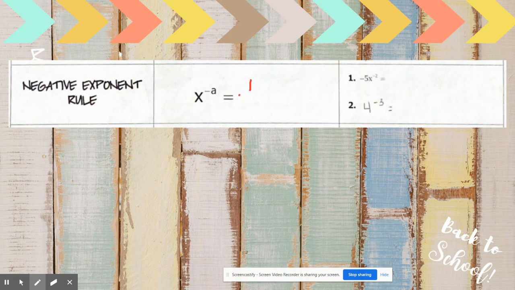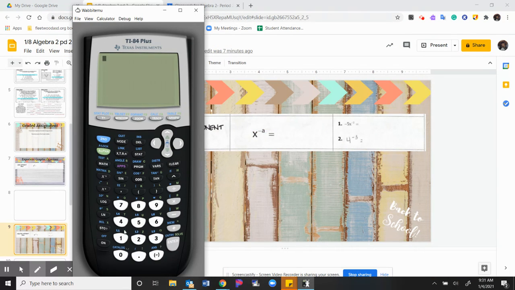So this is really 1 over x to the a power. So I want to look at number 2 here first. This is 4 to the negative 3rd power. So if I would put that in the calculator, 4 to the negative 3rd power, okay, I get this crazy decimal, but if I turn it back into a fraction, I get 1 over 64.